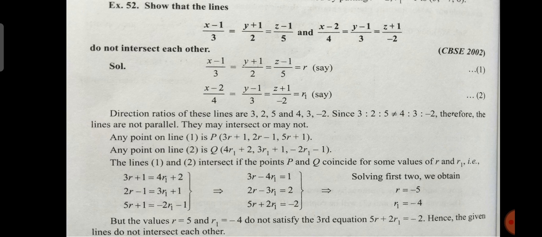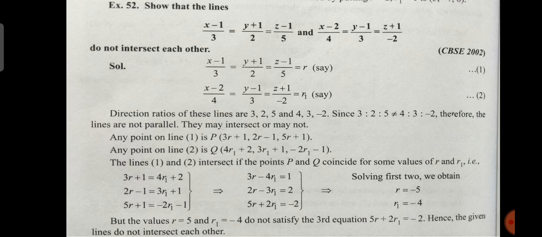Next, an example has been given: you have to show that the two lines are not intersecting each other. First, name the lines, then the direction ratios are given. You have to check whether the direction ratios are equal or not. That is the first condition.